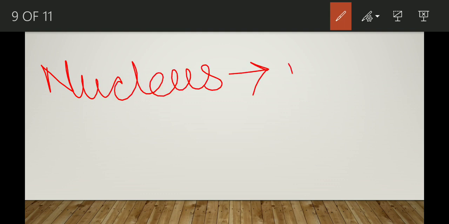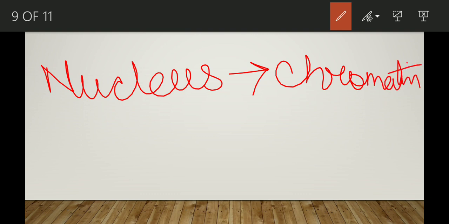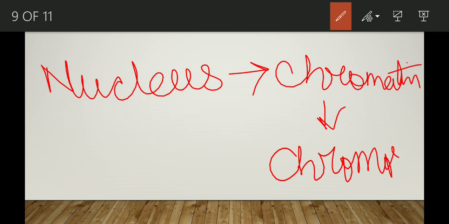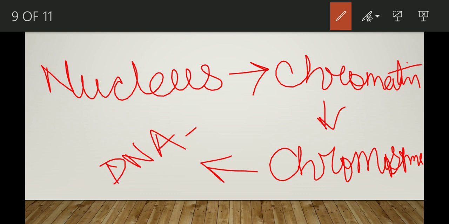So basically what happens here? First, the nucleus is present. Inside the nucleus, chromatin fibers are present, and when the cell enters into prophase, these chromatin fibers condense and form chromosomes. Now these chromosomes contain DNA and histone.